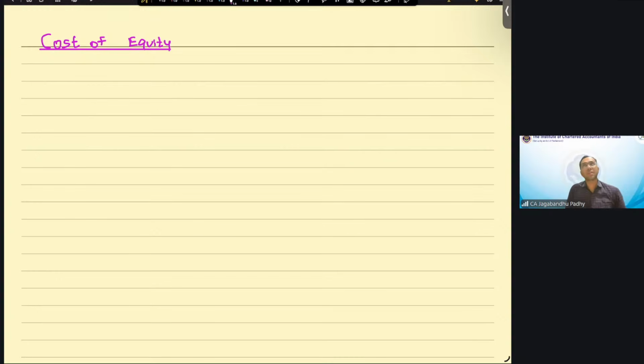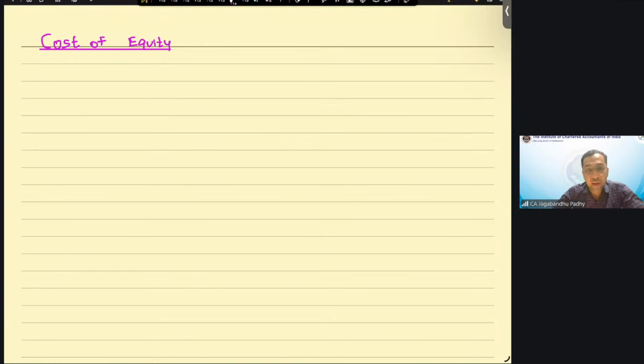Is it going to be higher than the cost of debt and preference share, or lower? What is your perception about cost of equity? Is it going to be higher or lower?